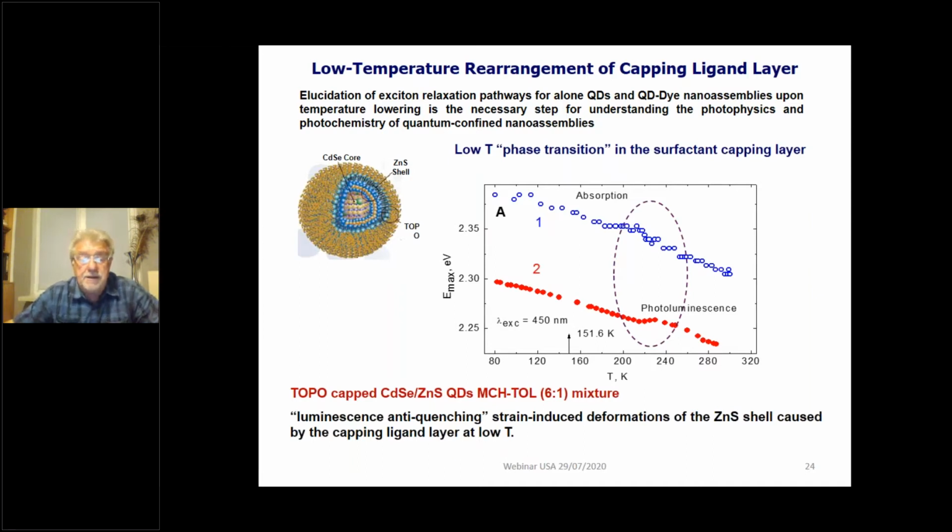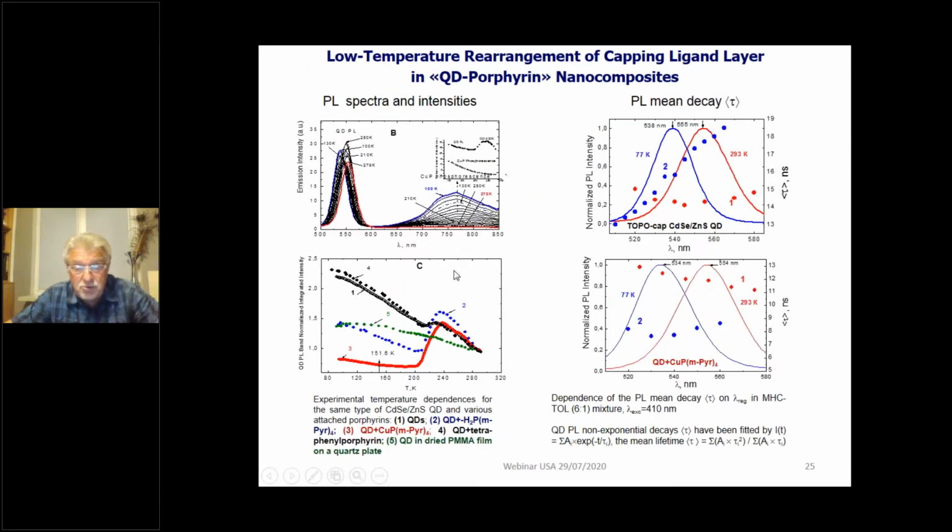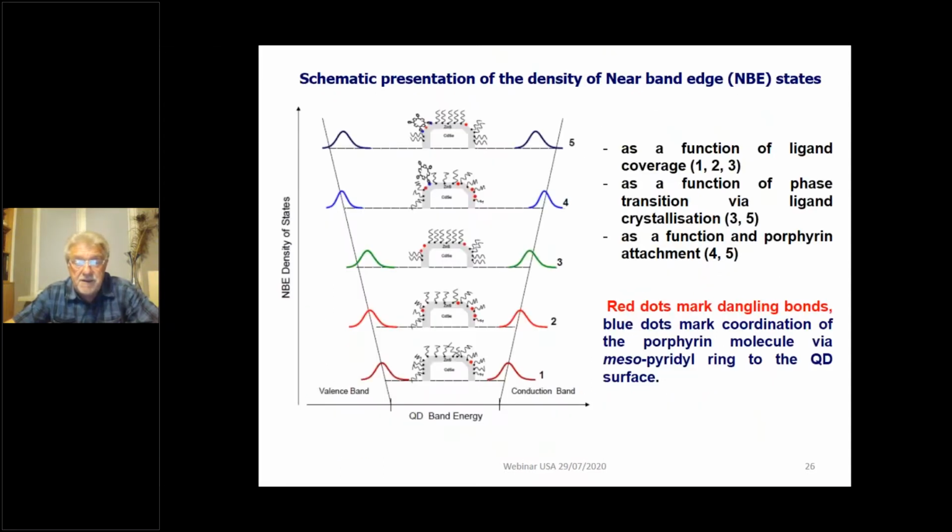When we attach porphyrin molecules to quantum dots, we observe that this kink becomes stronger and more evident. It means that in this case, upon temperature lowering, we have a so-called phase transition of the capping ligand layer, which leads to a shift of the corresponding positions of the states.